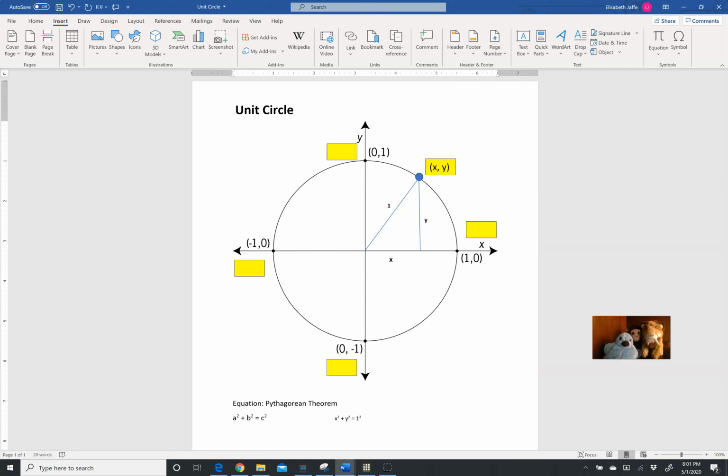Okay, or we could be even more general and say x squared plus y squared is equal to r squared. This is the equation for any circle with center at 0, 0.